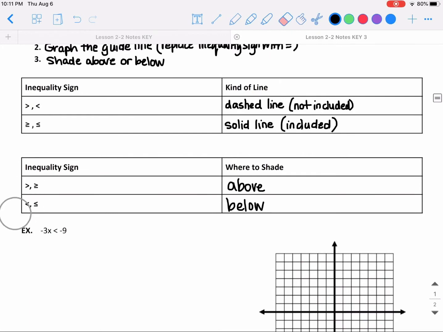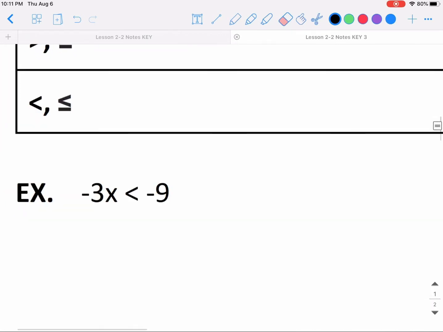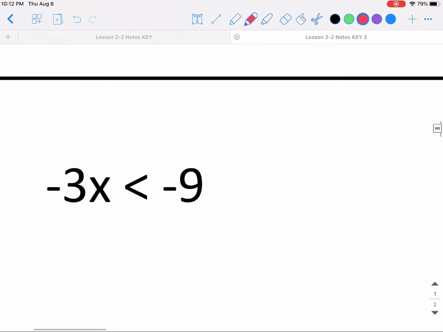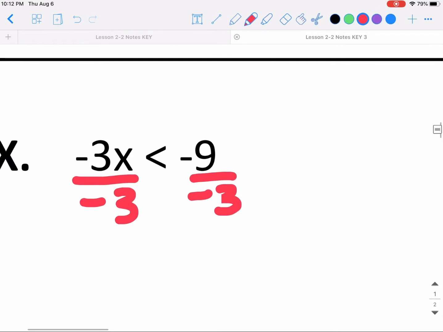All right, so let's do an example. If I have -3x is less than -9, in this case, and in some cases, you will not always have both variables. So in this case, I'm going to have to just isolate the x. I want to get that one variable that I do have by itself. So I'm going to first divide by -3 on both sides to get that x by itself.